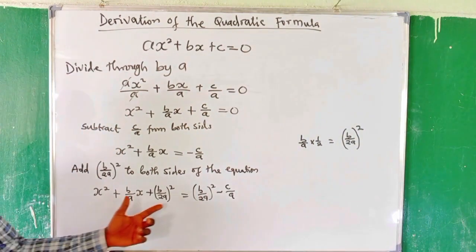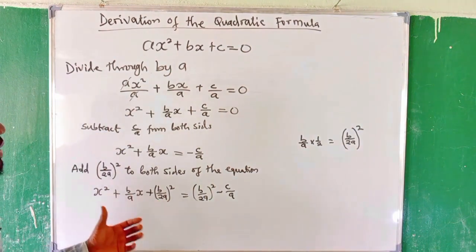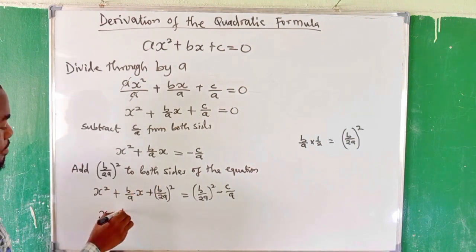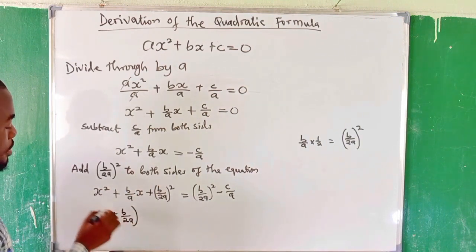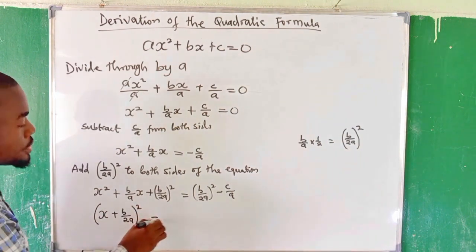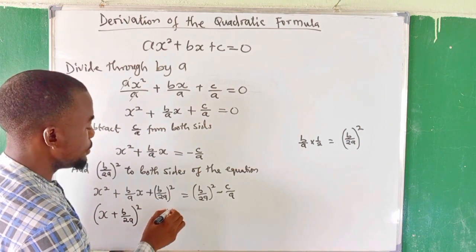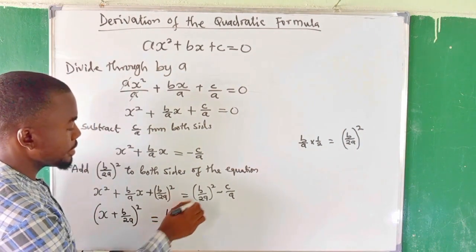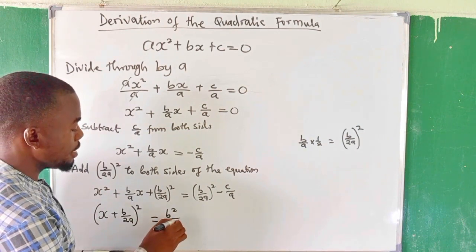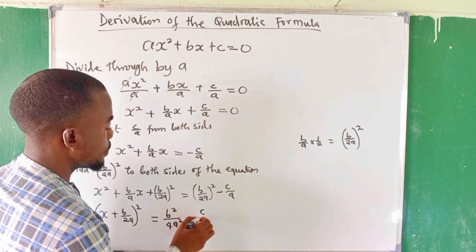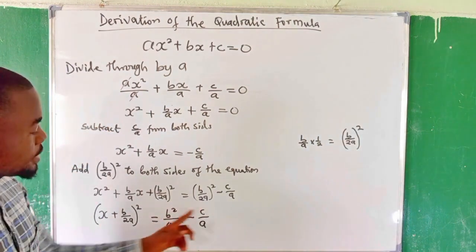Now we are going to factorize the left hand side and simplify the right hand side. This is a perfect square. So we have x plus b all over 2a all squared, which is equals to, we square the fraction, we have b squared divided by the square of 2a, which is 4a squared, minus c all over a. Now let's simplify this.